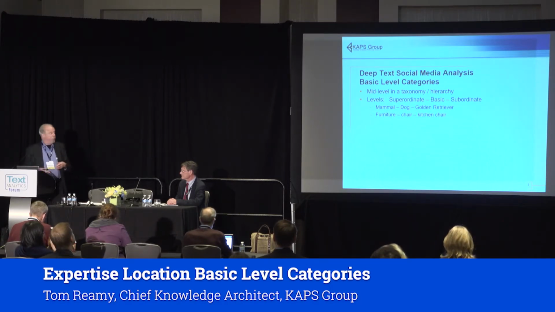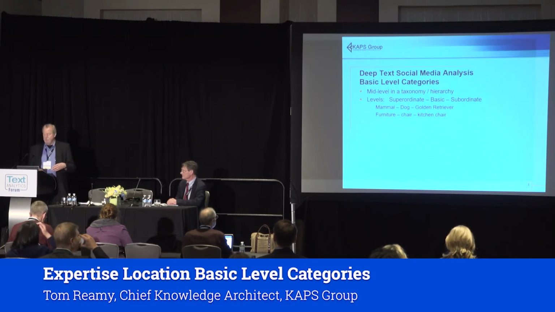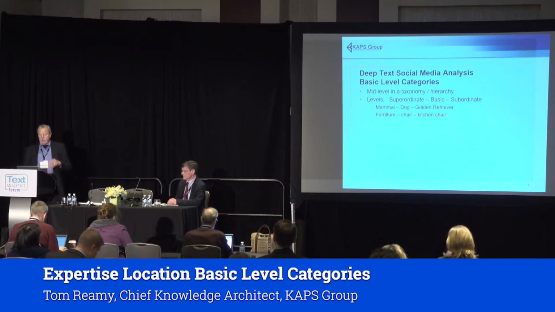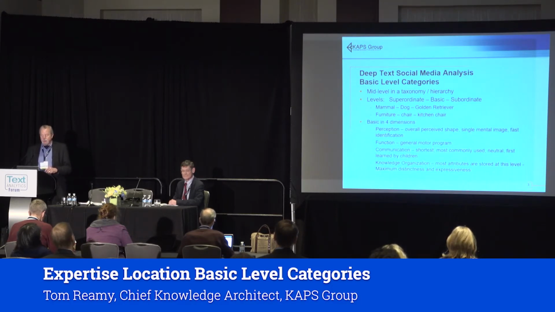Well, the simple example would be you have mammal, subclass is dog, subclass is golden retriever, or furniture, chair, kitchen chair. And the idea is that the middle level, the basic level, is, in this case, dog or chair. The characteristic of basic level is that a basic level concept is basic in 4 dimensions.